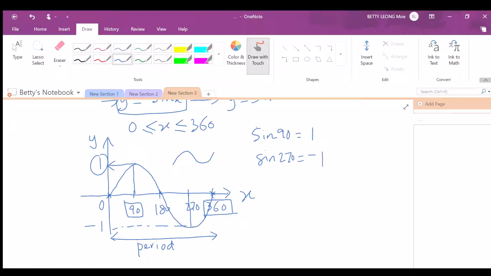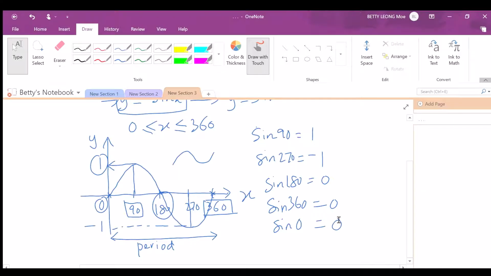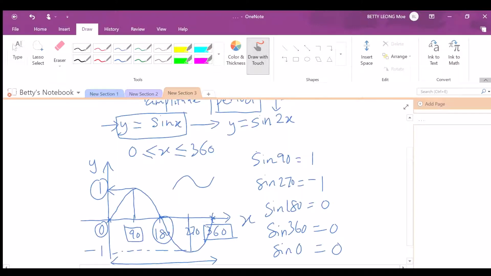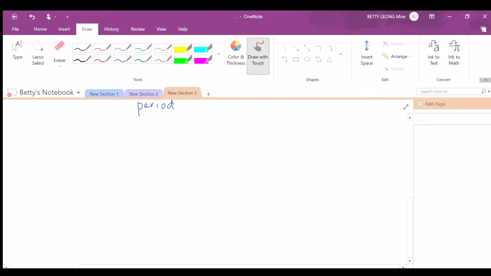Sine 180 will be 0, sine 360 also will be 0, and sine 0 will be 0. So remember, one complete cycle for the sine graph is 360.